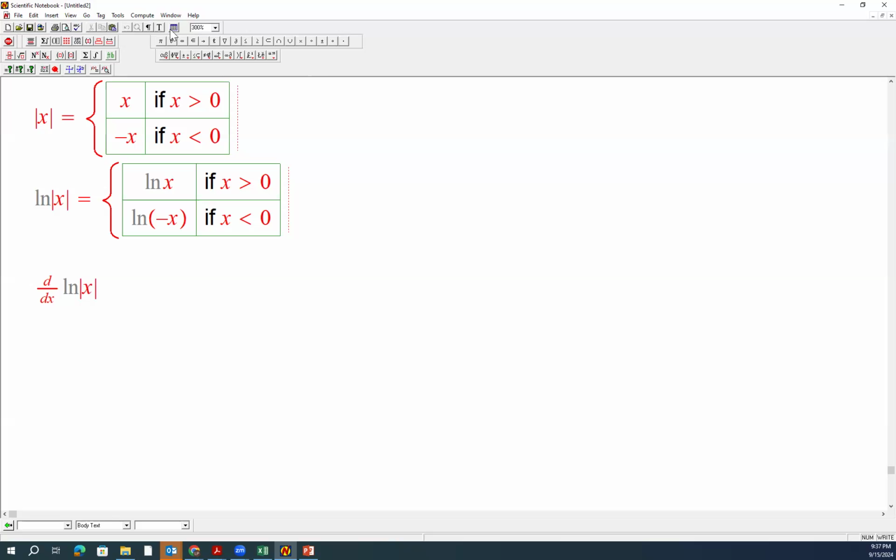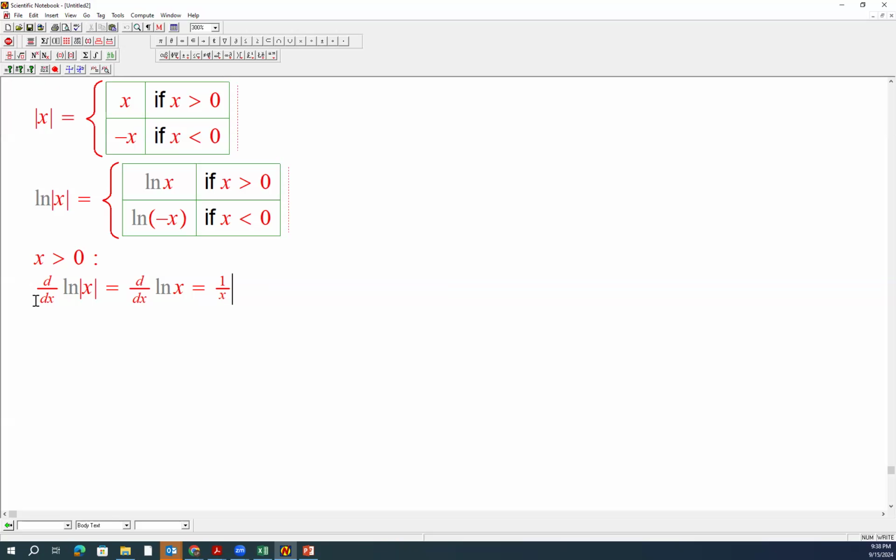If x is positive, that's trivial. For x positive, the absolute value of x is x. So on this piece, it's just ln x, and we know what that equals. That's 1 over x.